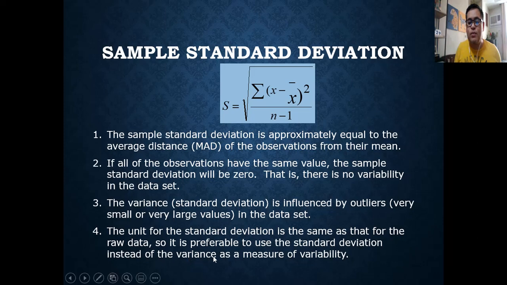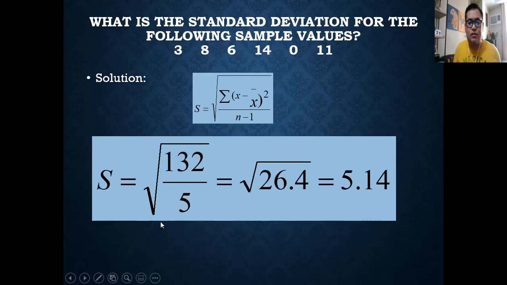So it is preferable to use the standard deviation instead of the variance as a measure of variability. But as I will clarify, you cannot compute the standard deviation without first computing the sample variance. Get the sample variance first and then get the square root, and then you'll find the standard deviation.